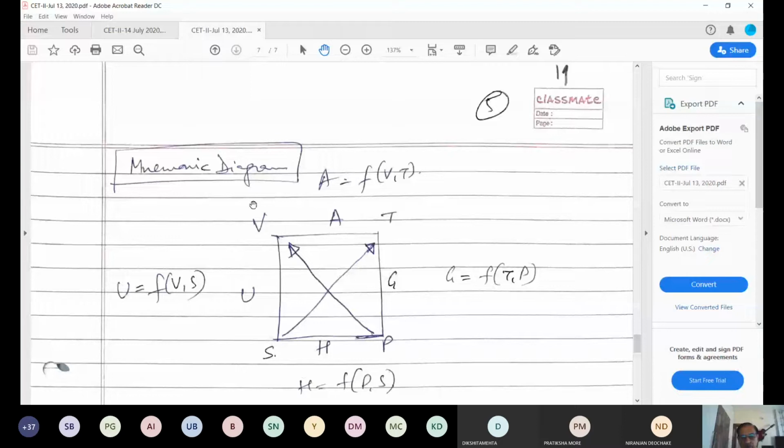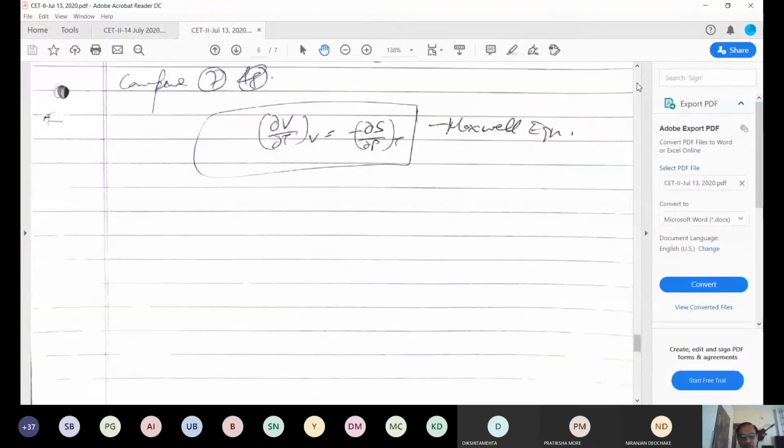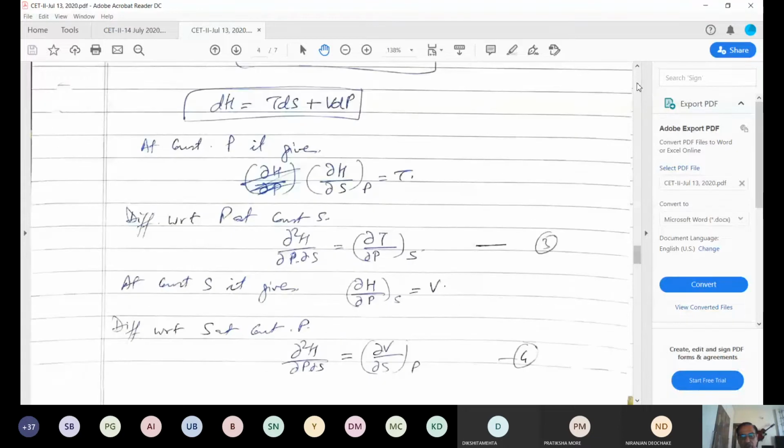Volume we can measure, temperature we can measure, pressure we can measure. So we are trying to correlate entropy with other variables so that we can find entropy using measurable quantities of temperature, volume, and pressure. And that's what we will be doing. We will be substituting for entropy using Maxwell equations in our derivations.